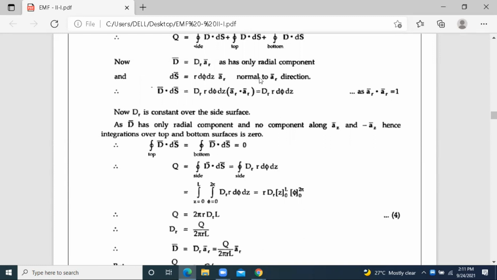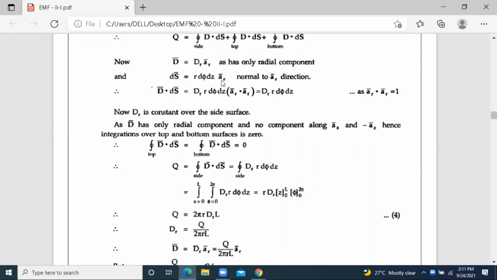Your surface is as follows. The side is r dφ dz in the a_r direction.